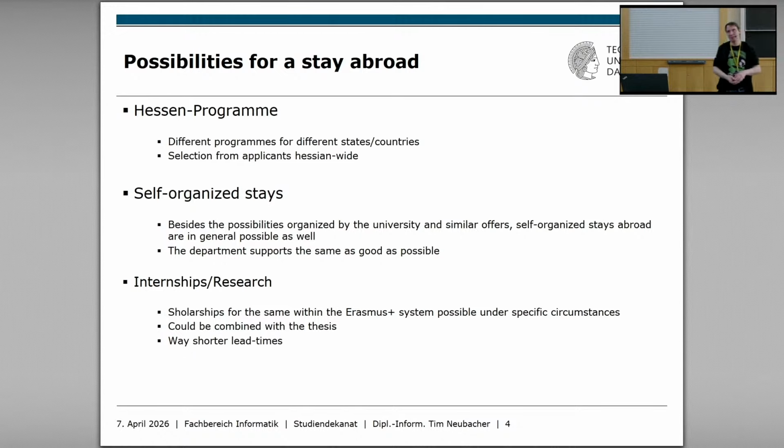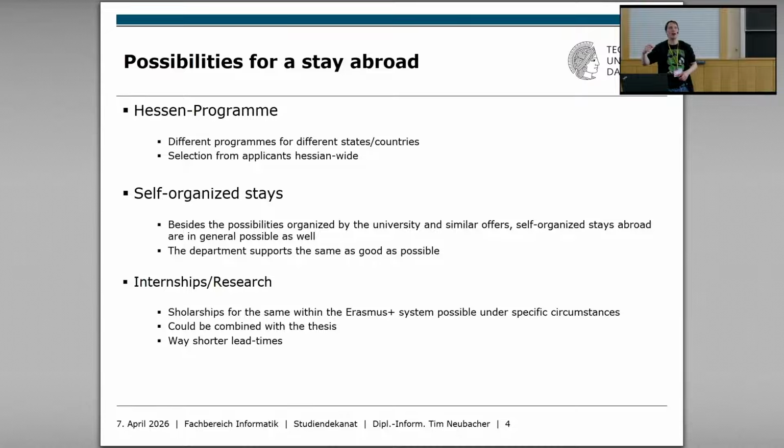The Hessen programs, there are three. One is actually with Australia as well, Hessen Queensland, and then it's Hessen Massachusetts and Hessen Wisconsin. The application periods are slightly different for two of them. One is completely different in the whole application process. It's not of our department, and we are not really responsible.